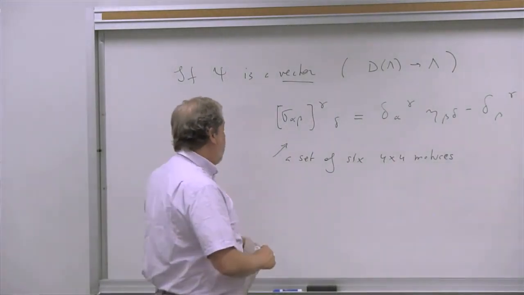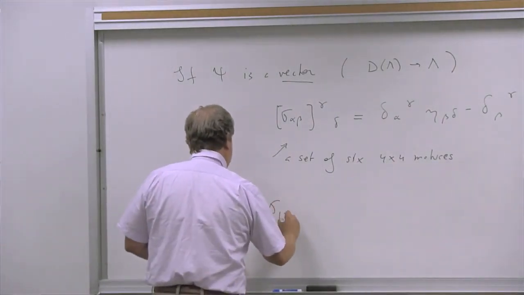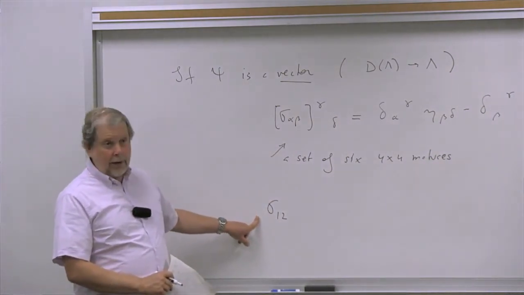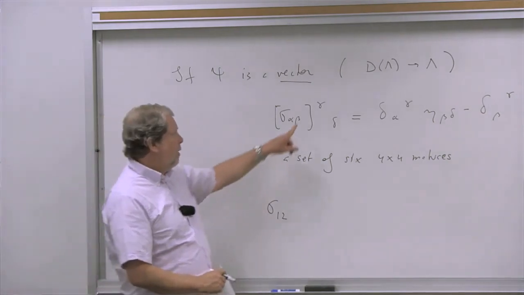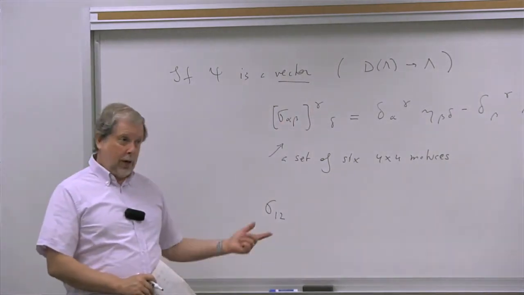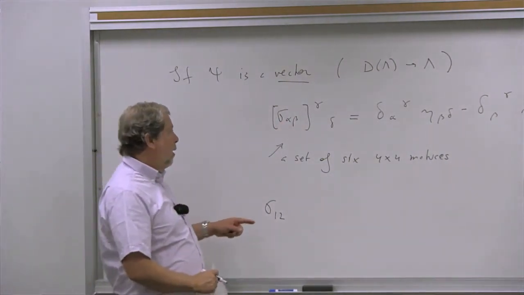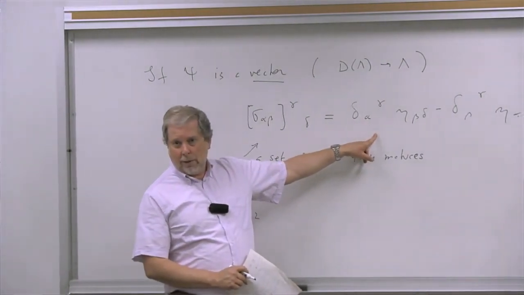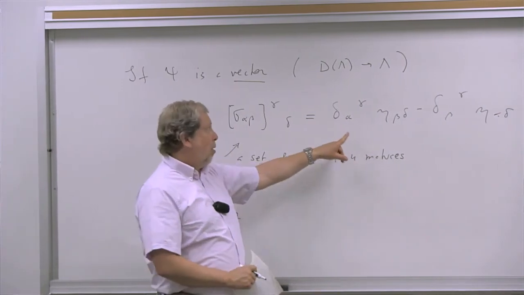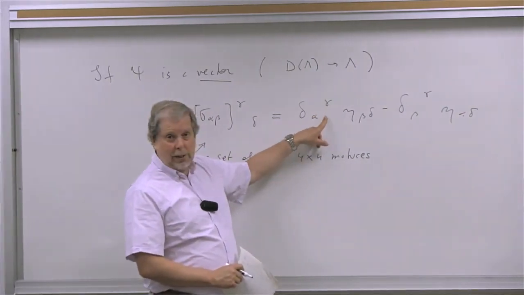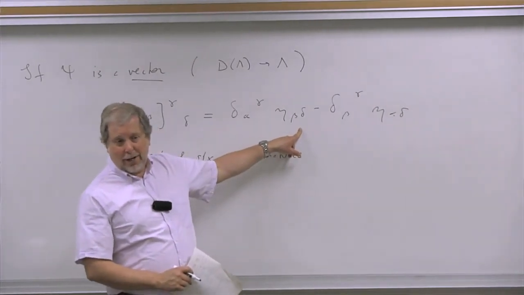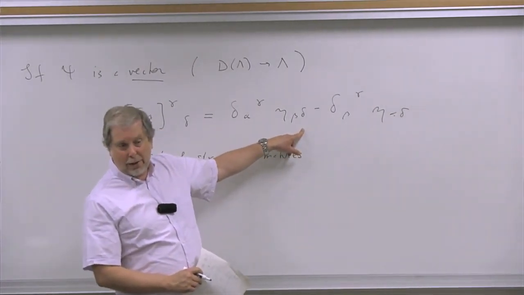Suppose I want to calculate sigma 1, 2. That is a 4 by 4 matrix, so gamma and delta range from 0 to 3. But you notice that almost everything turns out to be 0 most of the time. The Kronecker delta does not allow these indices to be different, and the eta is a diagonal matrix whose entries are only minus 1 or plus 1.